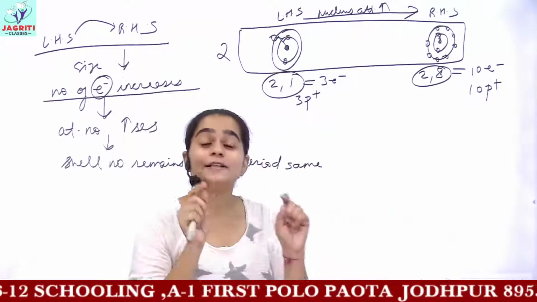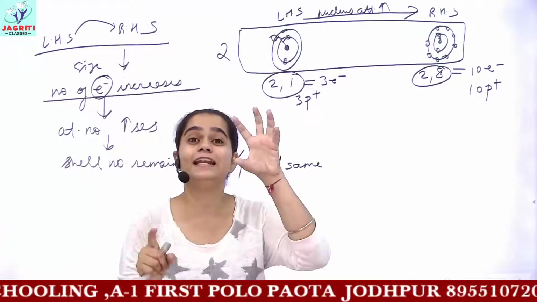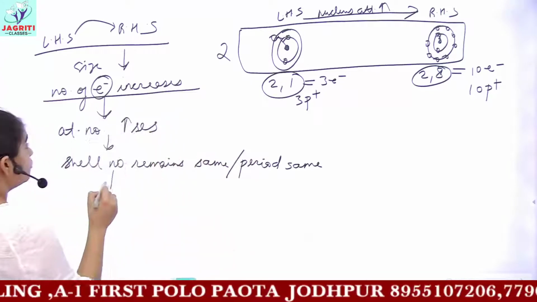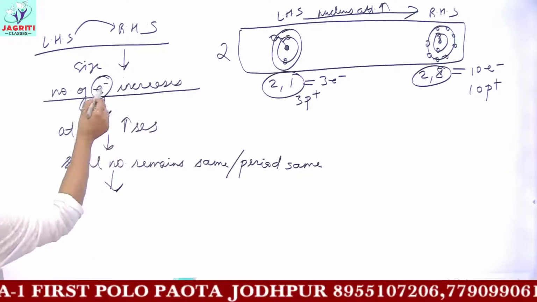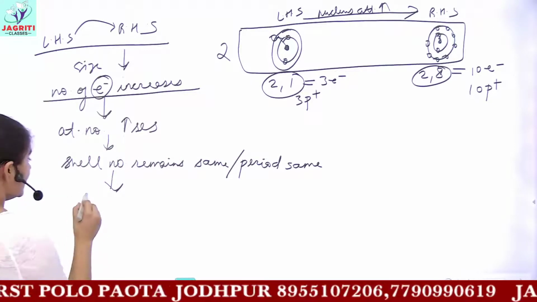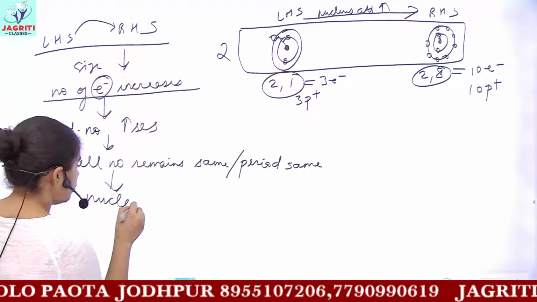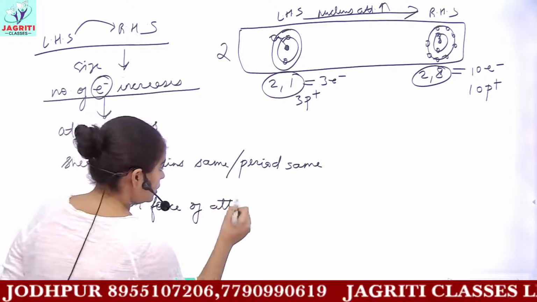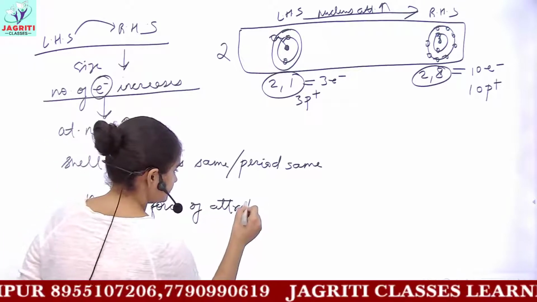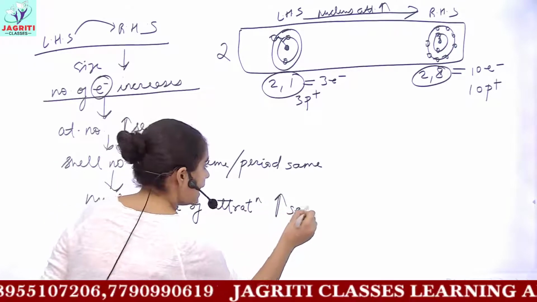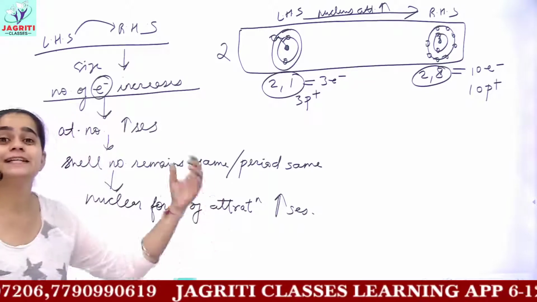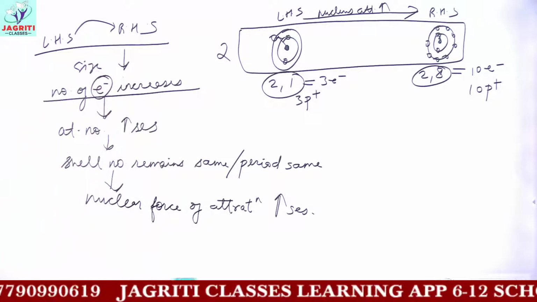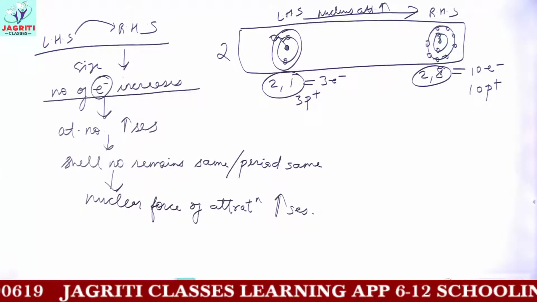So because the number of electrons is increasing in a particular shell, atomic number and electrons increase, then the nuclear force of attraction also increases. And therefore the atomic size decreases. So this is the reason for the decrease in atomic size.